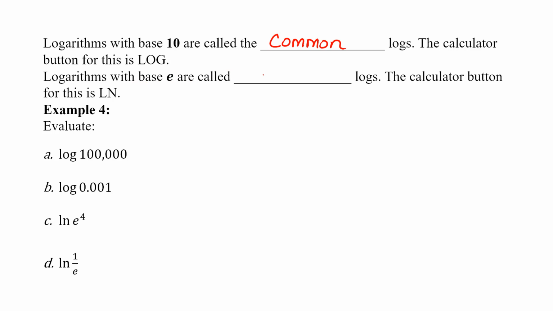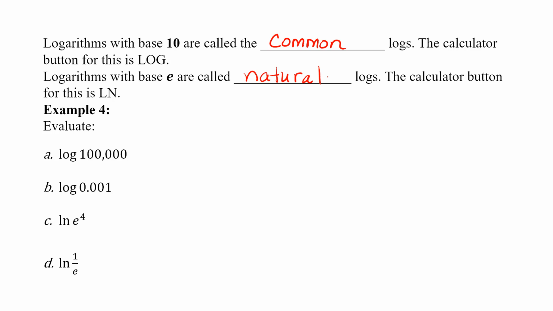Logarithms with base e are called natural logs. That is another kind of log that we use a lot, because that has to do with compound interest and lots of financial things. So the calculator button for the natural log is ln.